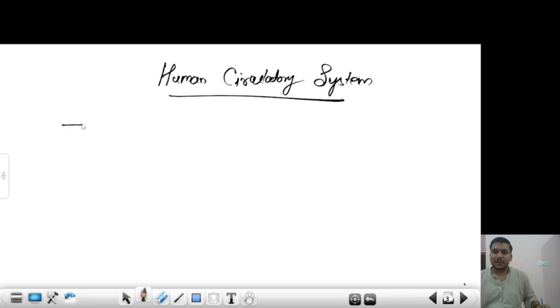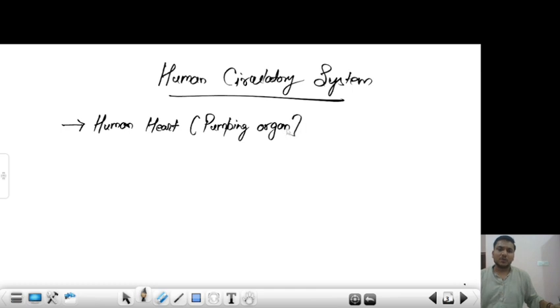So basically, human circulatory system is composed of three parts. The first part is human heart, which is basically the pumping organ. Next part is the blood vessels.